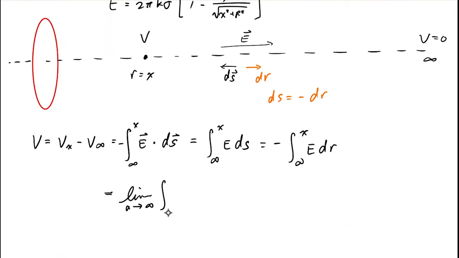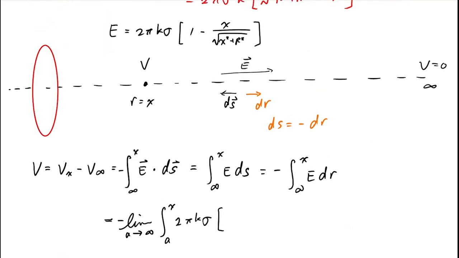And this, I want it to be a to x, negative sign here, and then our electric field is, wait, 2 pi k sigma, and that ugly expression, 1 minus x over square root of x squared plus r squared. No, we cannot use r, we have to use x because this is a function of x.